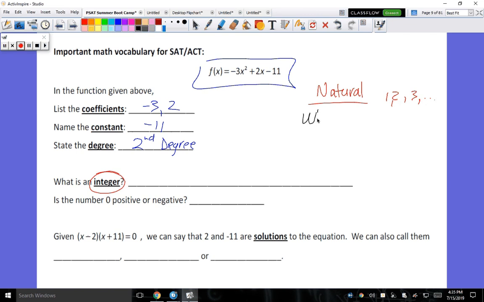Whole numbers, these are to refine and get the easy ones out of the way, are the same thing. The only difference is that they include 0. And a good way to remember that. Integers include both of them, but also the negatives.